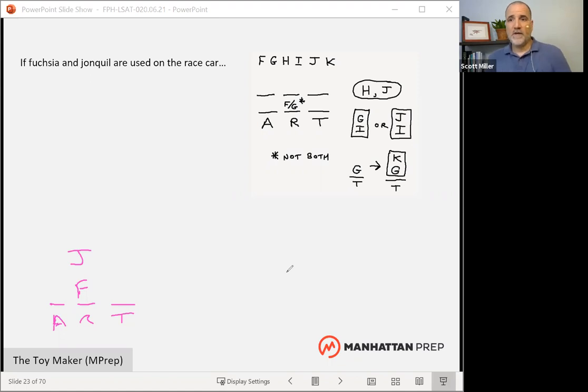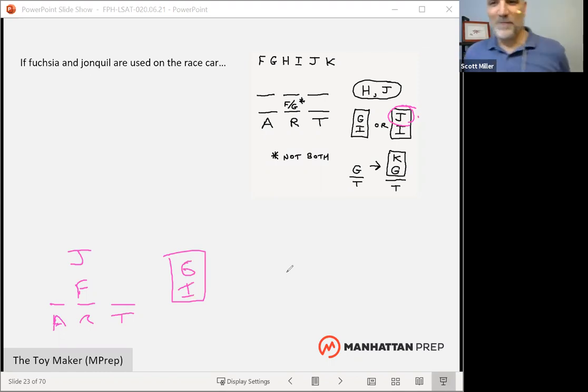A really good way to do this is literally just to look at those parts of your diagram. Where on my diagram do I see an R, an F, or a J? Looks like we have J over here with I. J is either with I or G is with I. So if J is with F, that means G is with I. And I would go ahead and draw that. G is with I. Like literally write it down.